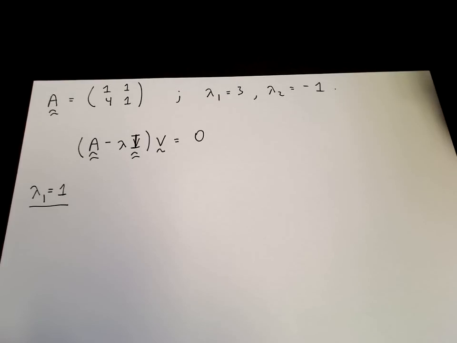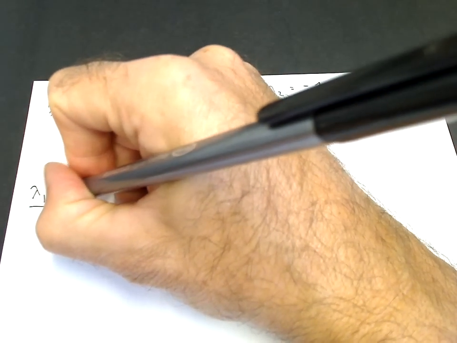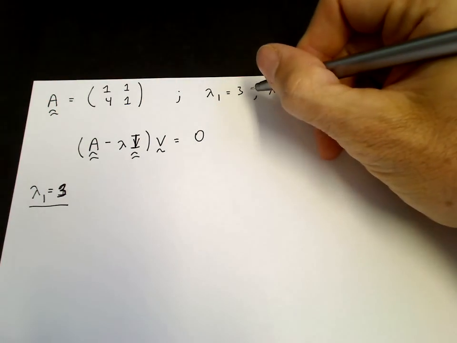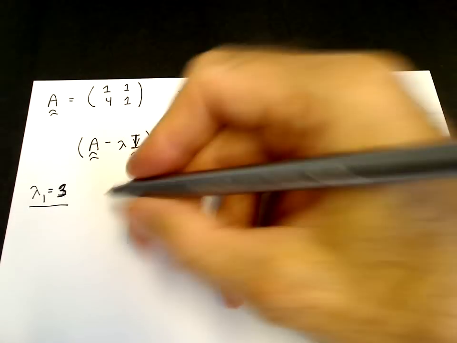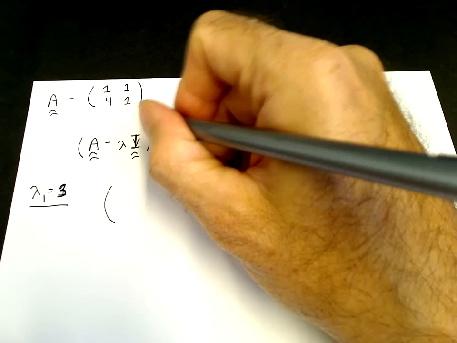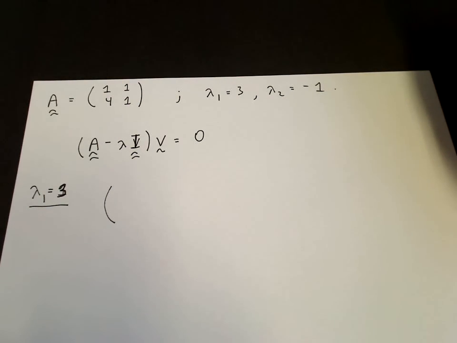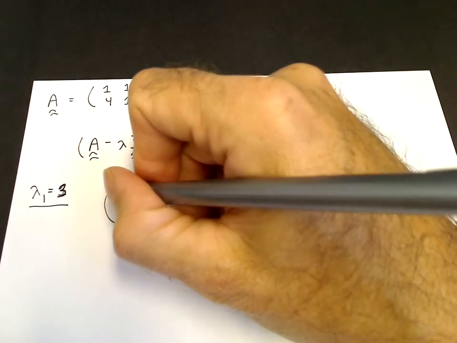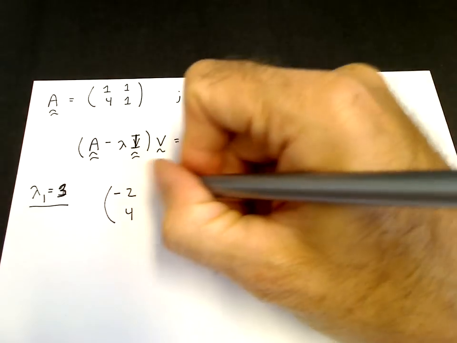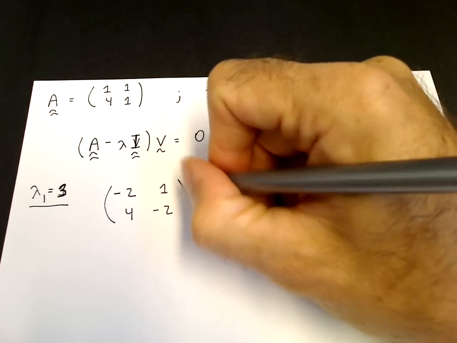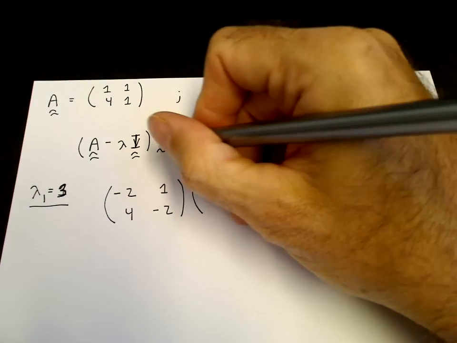A minus lambda 1 I, with lambda 1 equals 3. So A minus 3I gives us 1 minus 3 is minus 2, 1, 4, and 1 minus 3 is minus 2, times the eigenvector.